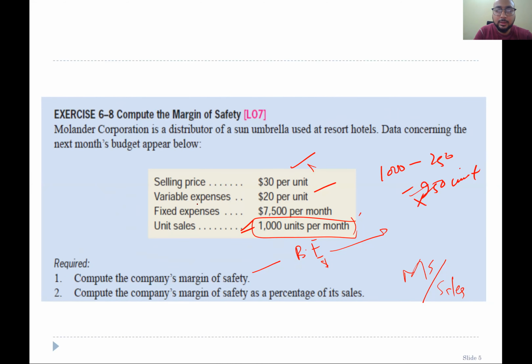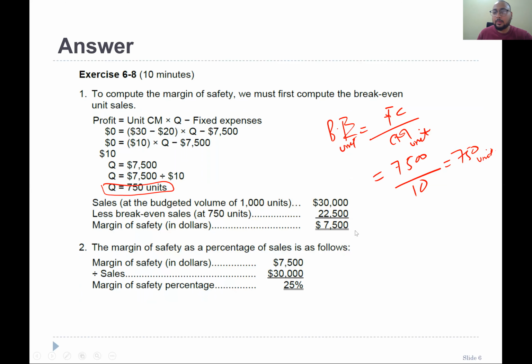Or if you multiply it with the selling price 30, you would find out the dollar margin of safety. 250 multiplied by 30, the answer is 7,500. So margin of safety in dollars is $7,500. In units, 250 units.